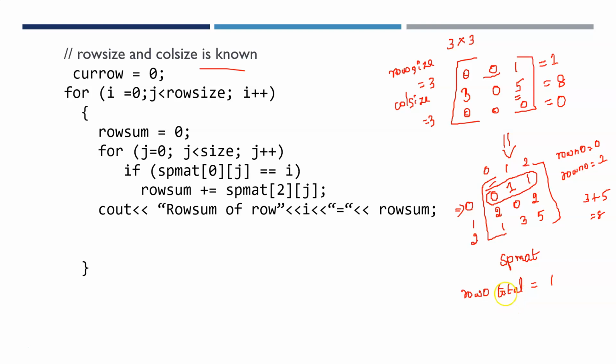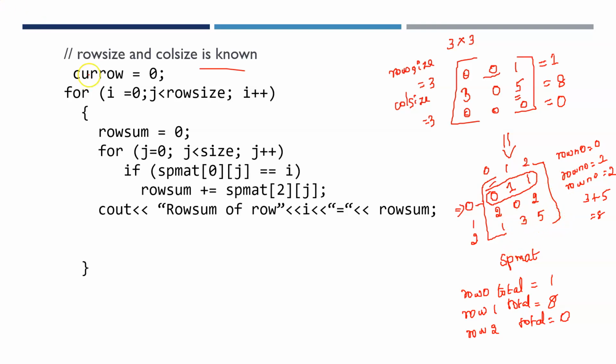That's all, so row 1 total is 8. Then row 2, the last row. I scan to find whether there are any 2s. None of them is 2, so I just display the row total. This is how the sparse matrix should be scanned again and again to find the row total.